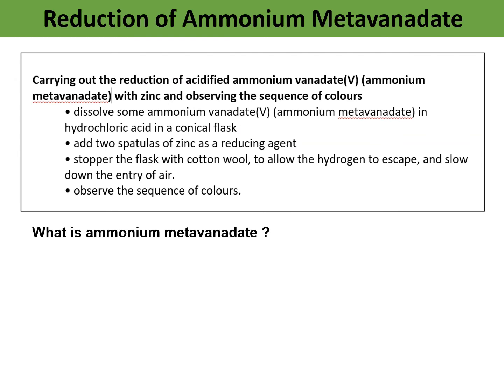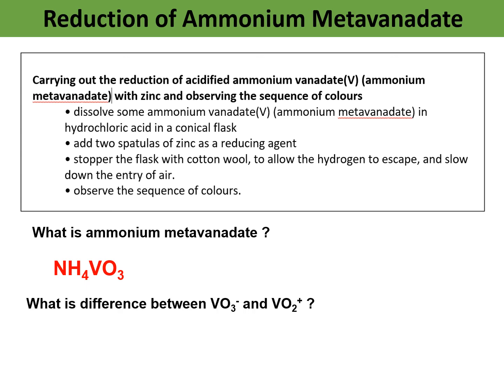When we practically carry out the reduction from +5 to +2 oxidation states with vanadium, we start by using ammonium metavanadate. If you have a look at the formula, you can see that the vanadate ion is VO3+. Previously, when we talked about vanadium in the +5 oxidation state, we talked about dioxovanadium.